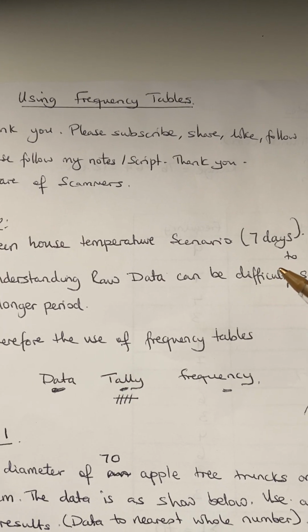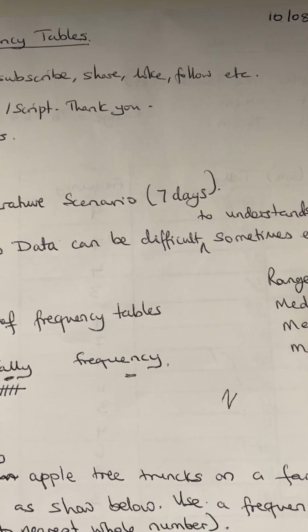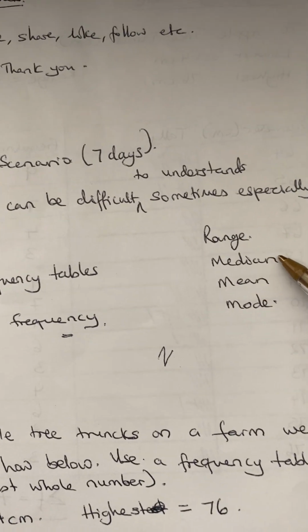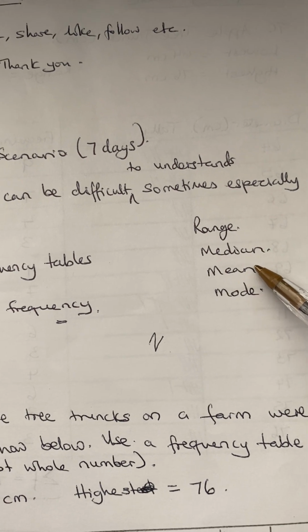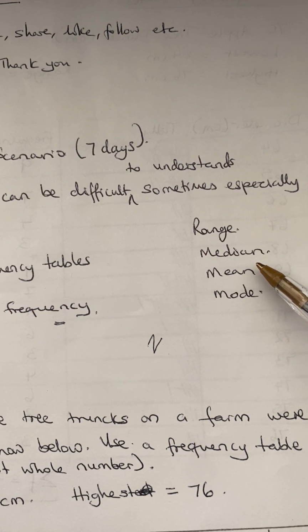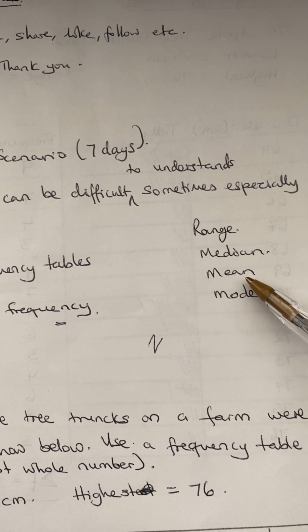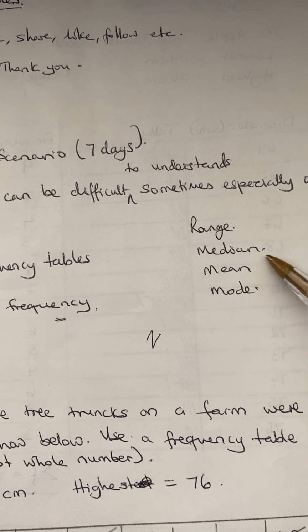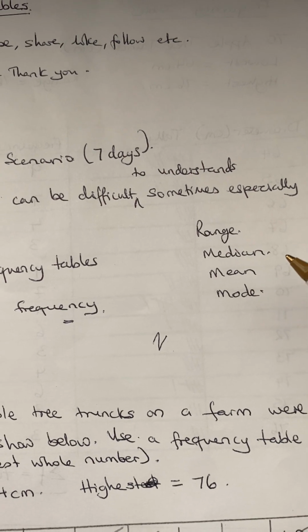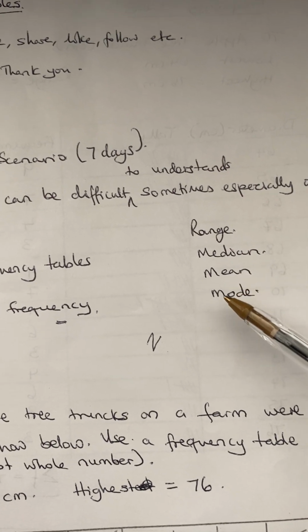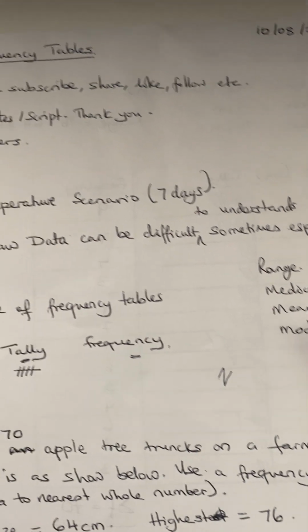Okay, so in that case, we only have 7 sets of data, 7 numbers, so it wasn't difficult to analyze. We found the range, we found the median, which is the middle number, we found the mean, which is adding everything and dividing by the number of data we had, and then we could find the mode, the data that occurs the most.